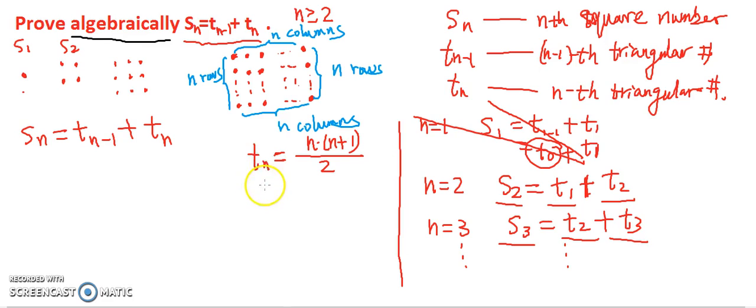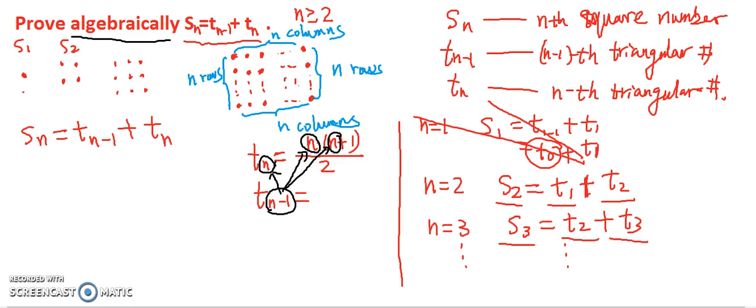And following the formula, we can figure out what the n minus 1th triangular number is. Here we use algebra. N represents the position of this triangular number, so the same for this n and this n. If you try to find the n minus 1th triangular number, you will have to replace n in the formula with n minus 1.